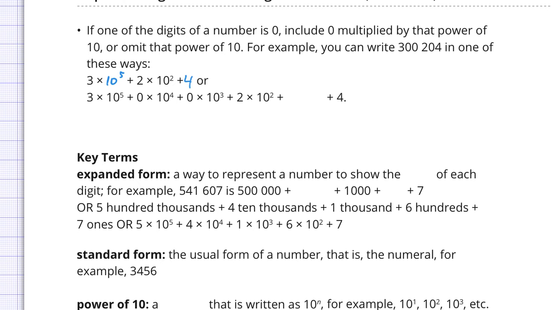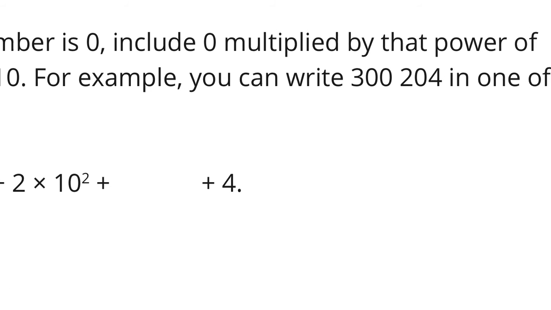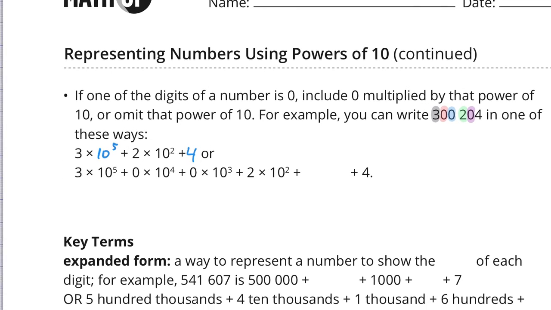So if we do this trick again, I think I have to go a little bit zoomed in here. Let's just highlight each of these. All right, so now let's take a look.